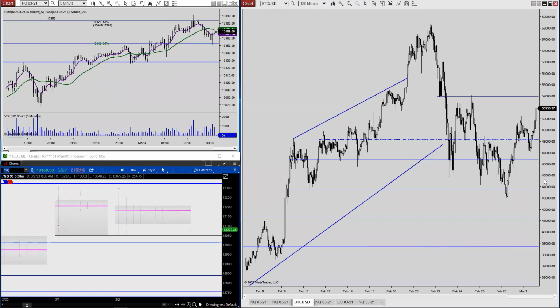Still surprising, we're still trading in this range after the big move down to 44,000. It actually dipped down to almost 43. I thought we'd get down to 42 to kind of clean some people out. But we've held up, and like I said, the key will be if we can get two consecutive closes above 52,000, then we can continue that move up.